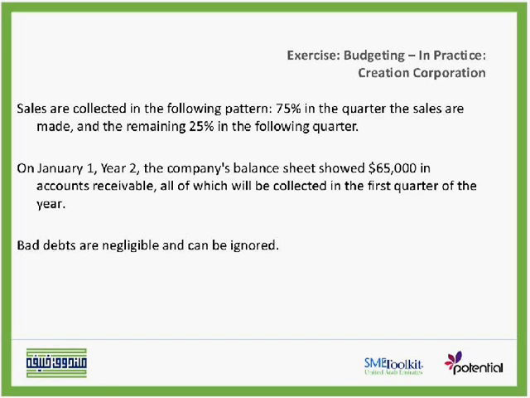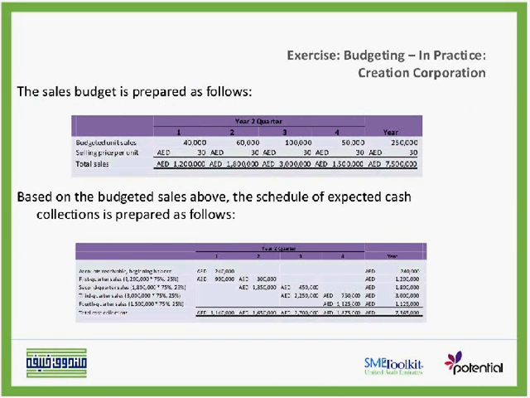On January 1, year 2, the company's balance sheet showed 65,000 in accounts receivable. These are 25% of the sales figure of the fourth quarter of year 1, all of which will be collected in the first quarter of the coming year. Bad debts are negligible and can be ignored.